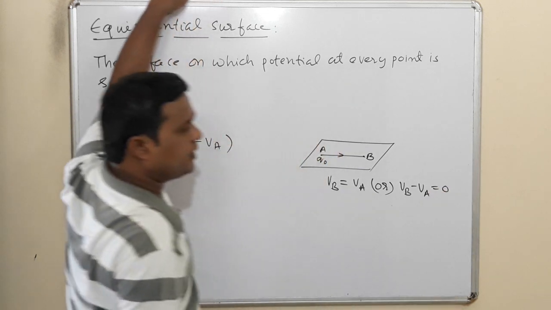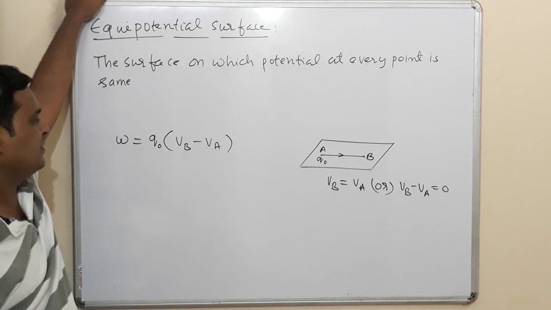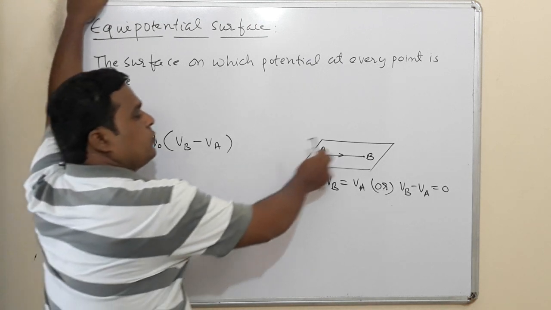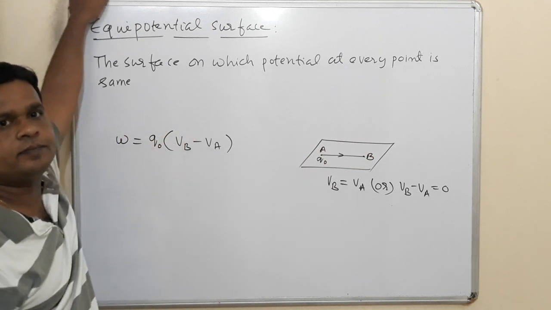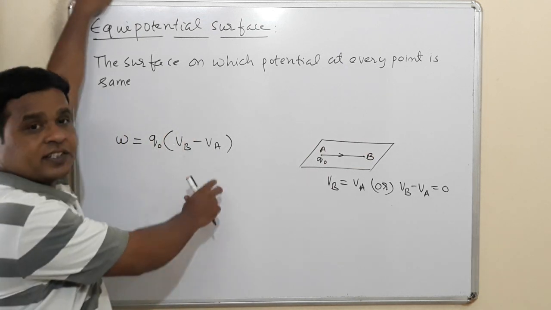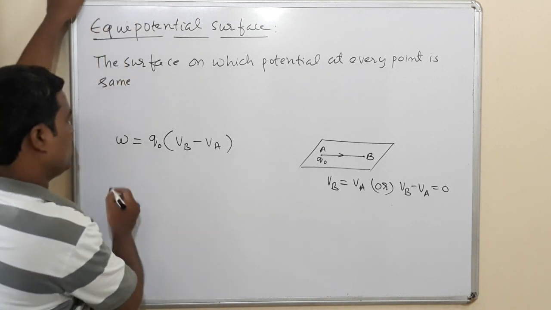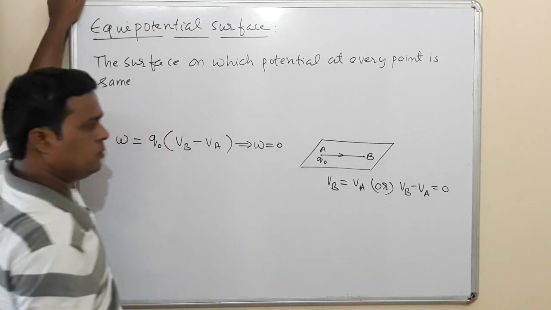It is 0 because both are equal. Then work is equal to charge multiplied by potential difference. If the potential difference is 0, then what is work done? Work done should be 0.